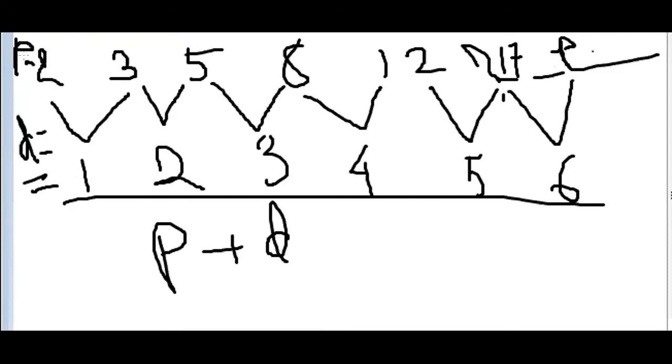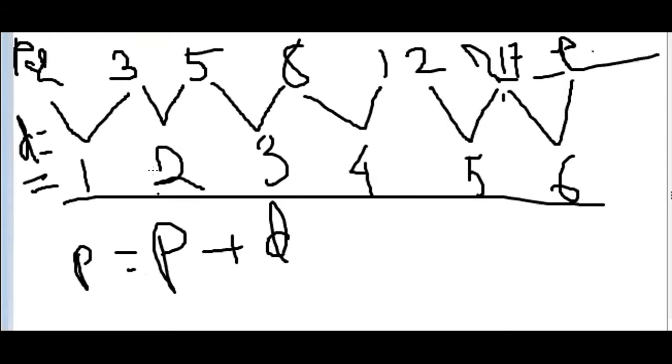So 2 is the first number, and to get our next number, we have to add 1, and that 1 will be stored in D. So P plus D will give us 3, and that number will be stored in P, because P is the variable which we will be using to display our number series. So P will be 3.